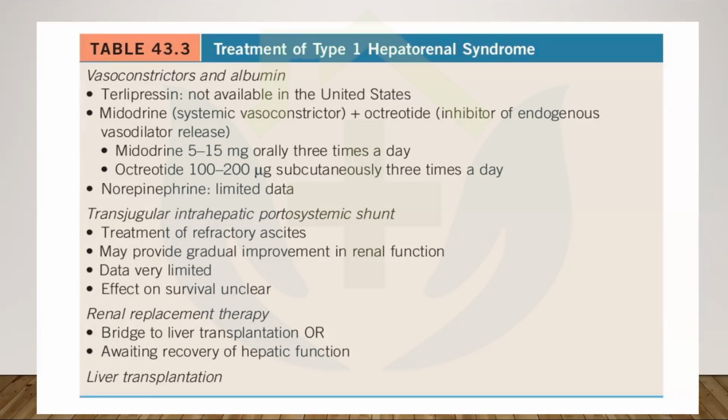And the last resort in hepatorenal syndrome, if not responding, is liver transplantation. It's difficult for me to complete each and everything in this one hour, so I'll just tell you the salient points. You can go and read the complete details of hepatorenal syndrome. It's available in each and every book and on the internet also.